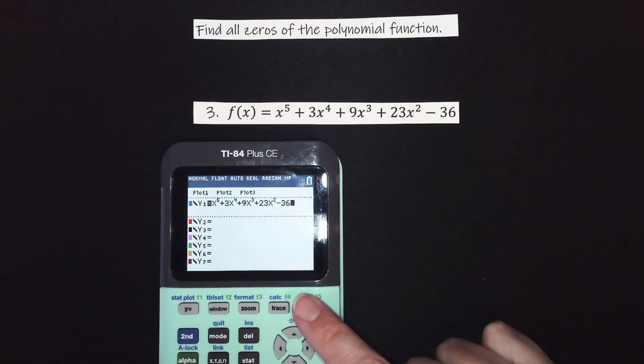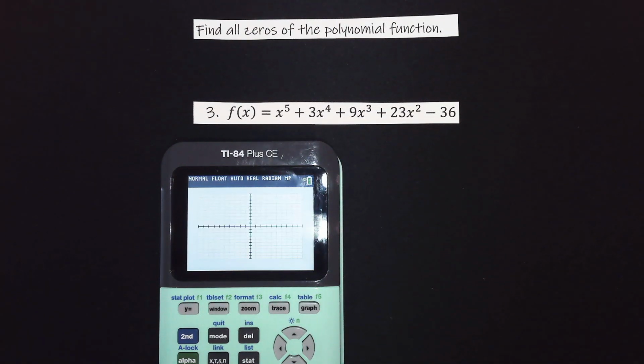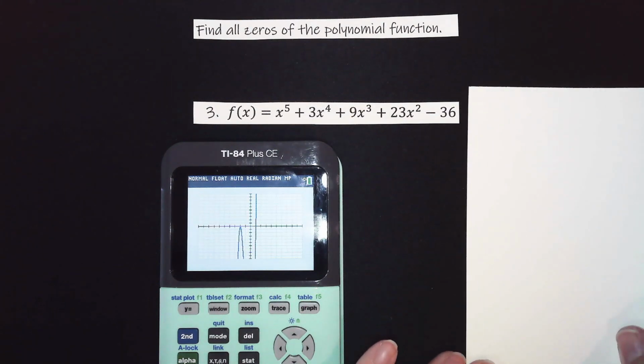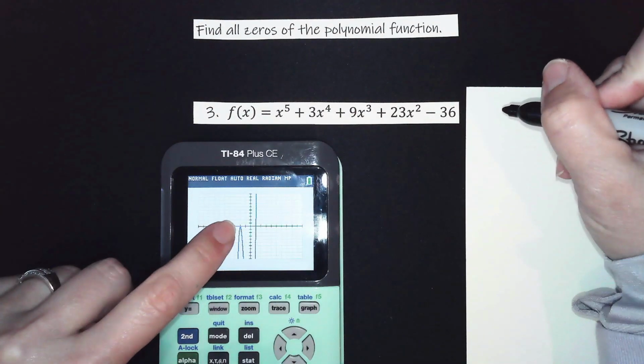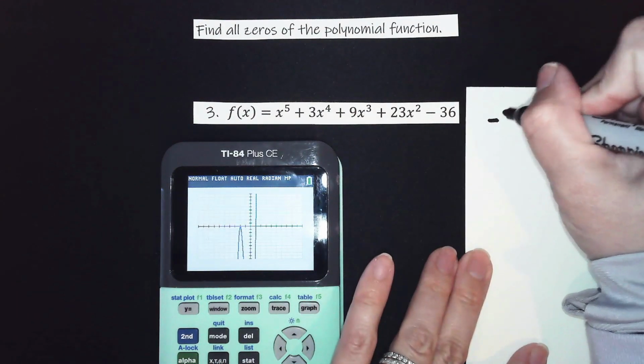And once we enter it in, we graph the equation, see what it's going to look like, and we see that we have a 0. So I know I'm going to have a 0 here, which is when x is -2.